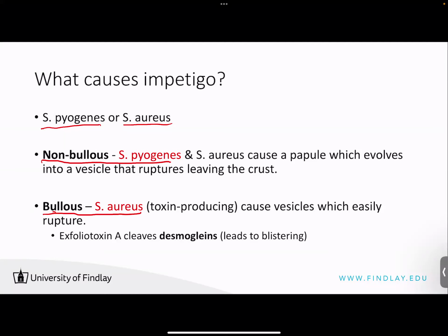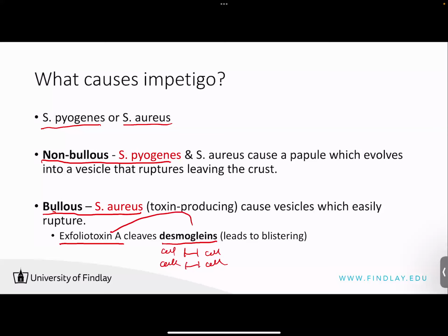And what causes that bullae formation? Well, staph is so heterogeneous in the environment. You have certain strains of staph that can produce an exfoliative toxin A. And what this protein will do is it will actually start to cleave proteins that are responsible for cell-cell adhesion, these things called desmogleins. All right, so these are basically just protein connections from cell to cell.